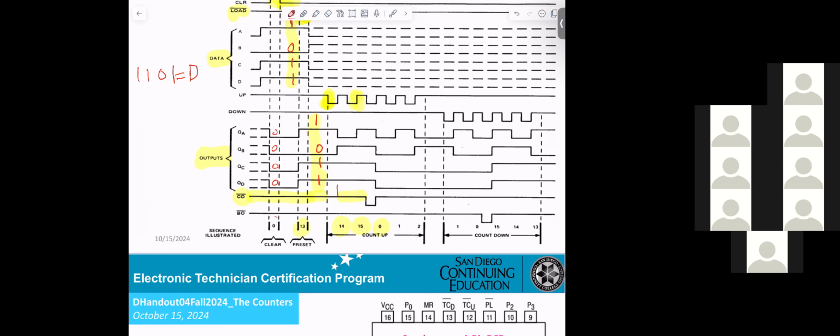That's 0. It goes low at 15. Exactly. When the counter output reaches 15, then this goes low.